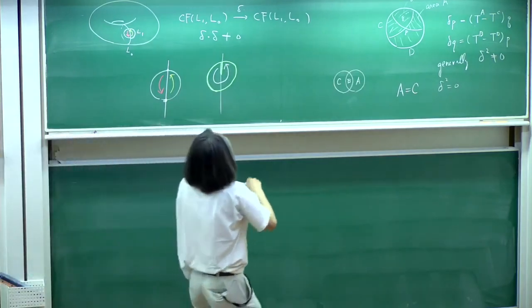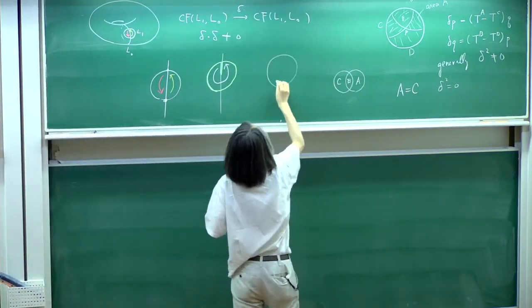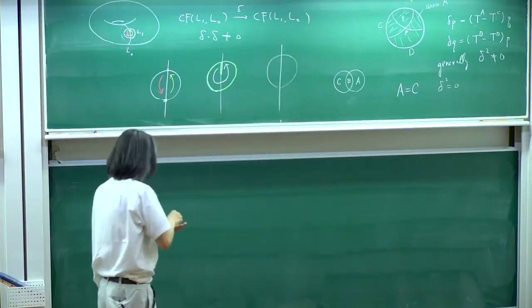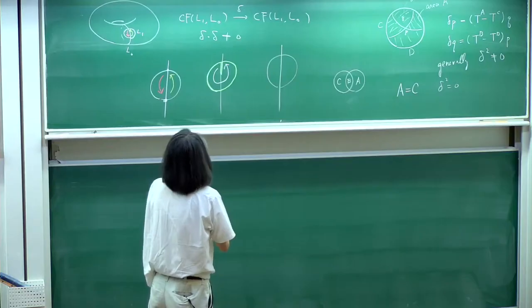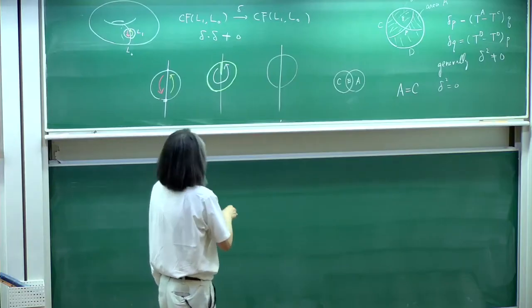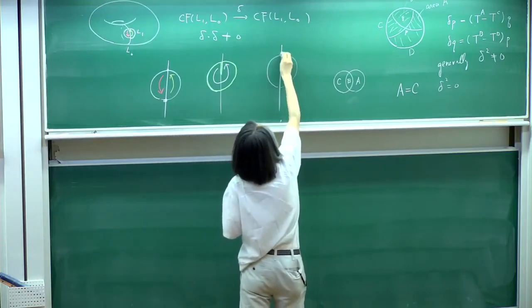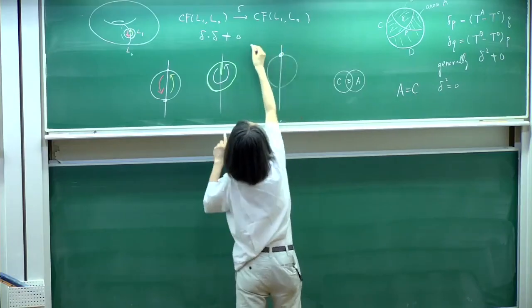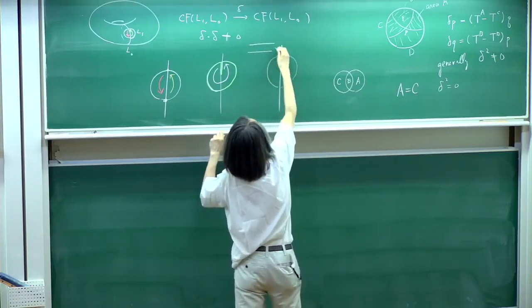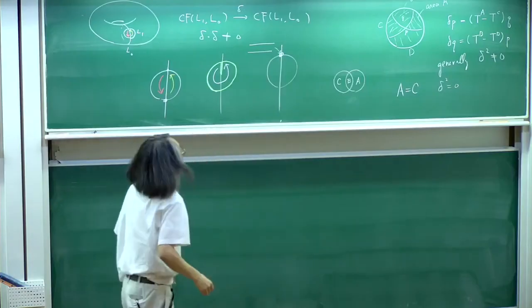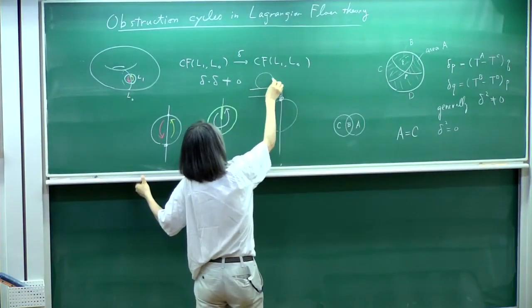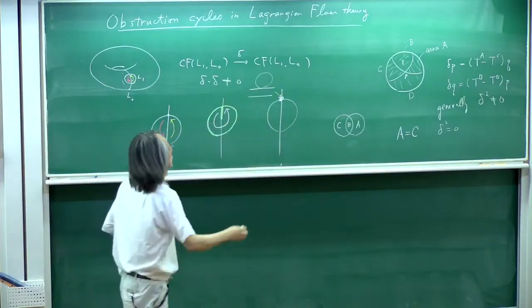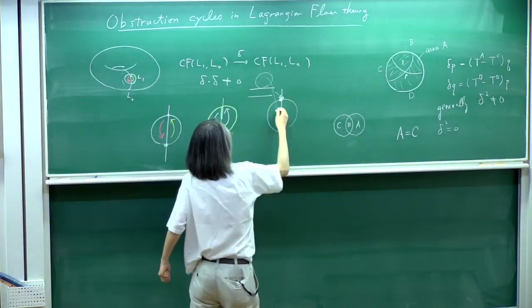And another side is this. And here, actually, the whole strip degenerates to this. So here, the whole strip is mapped to here. But I have some disk bubble here, and then this disk bubble is mapped to here, right?